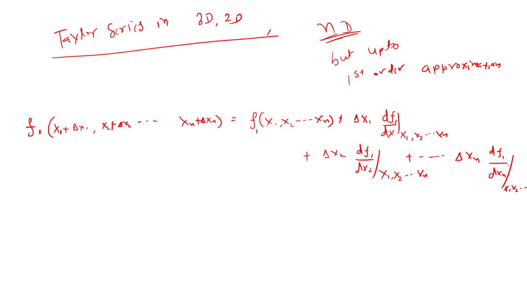So for every function we will write this, and at every iteration we will consider that f1 of x plus delta x is 0, where x plus delta x is x1 plus delta x1, x2 plus delta x2, and so on. We are considering this to be 0.